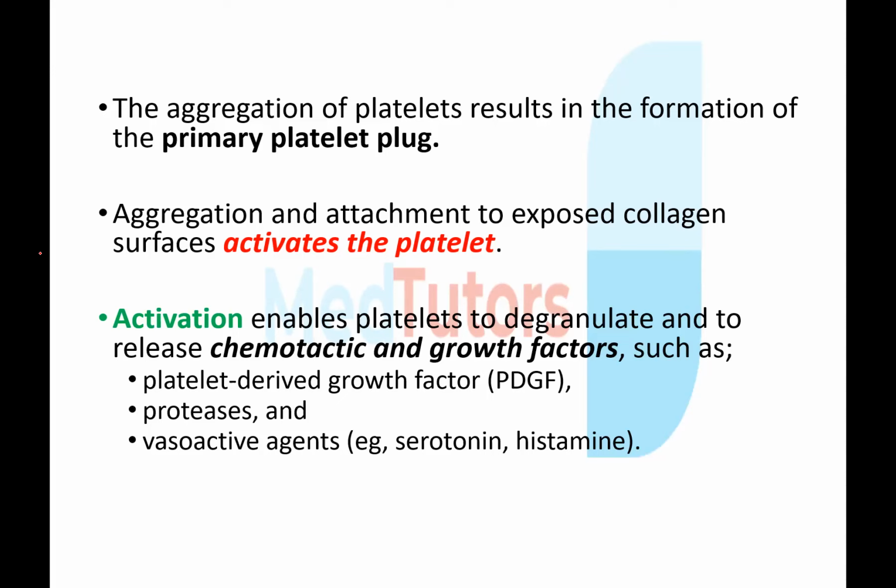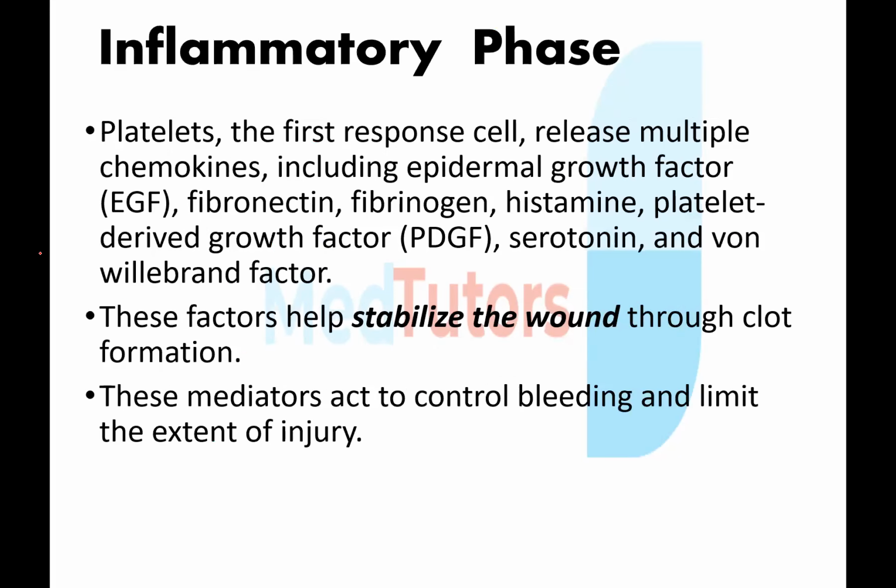Activation enables platelets to degranulate and to release chemotactic agents and growth factors, because we say the first stage is hemostasis and inflammation. For inflammation to set in, the platelets must release substances that will attract inflammatory cells to the site of the injury. These factors are platelet-derived growth factors, proteases, and vasoactive agents like serotonin and histamine.